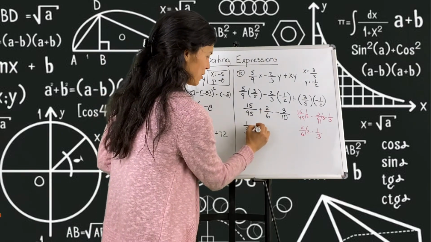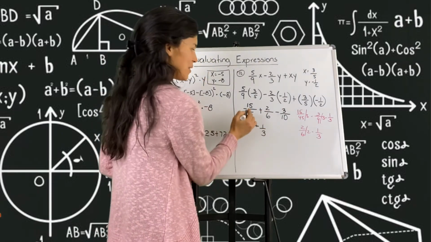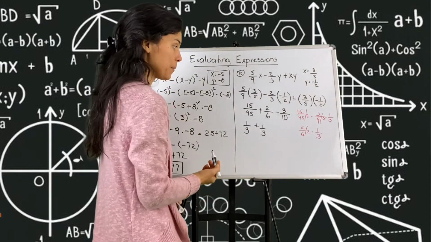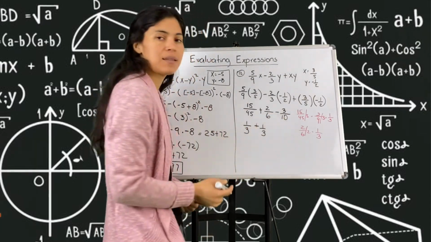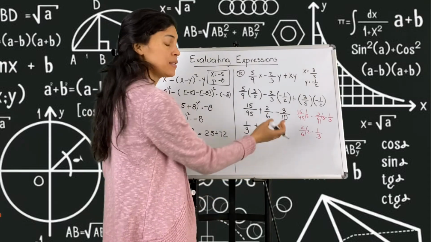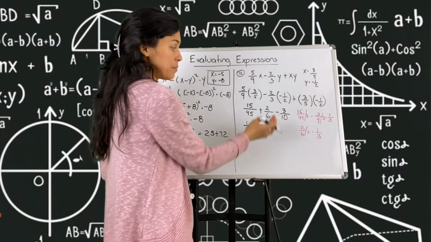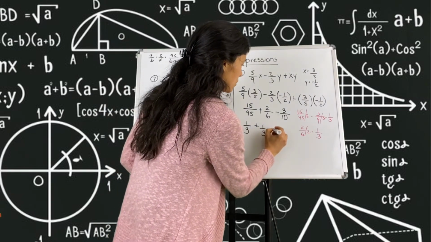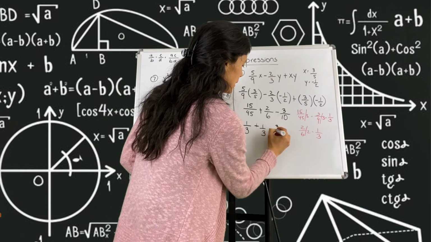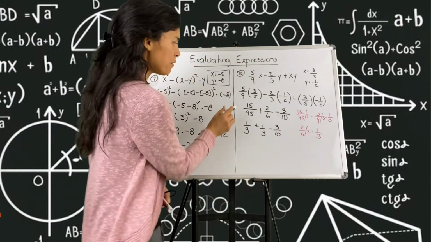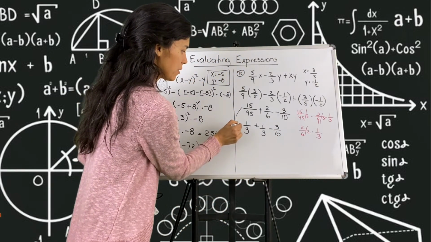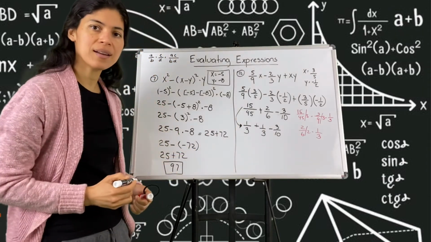So these two fractions are equivalent. 15 over 45 and 2/6, they both are 1/3. Now 3 over 10, I cannot simplify because the 10 is divisible by 2 and by 5, but the 3 is a prime number, so I can't. So let's do minus 3/10. I converted these expressions into these expressions, which to me are easier to work with.